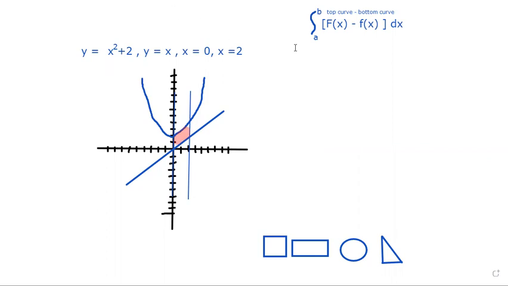Okay, so now how do we go about finding this region? We want to subtract the top curve minus the bottom curve, as we can see right here. I'm going to put the spotlight. Top curve minus the bottom curve, and our boundaries from A to B. So at this point, let's set it up.